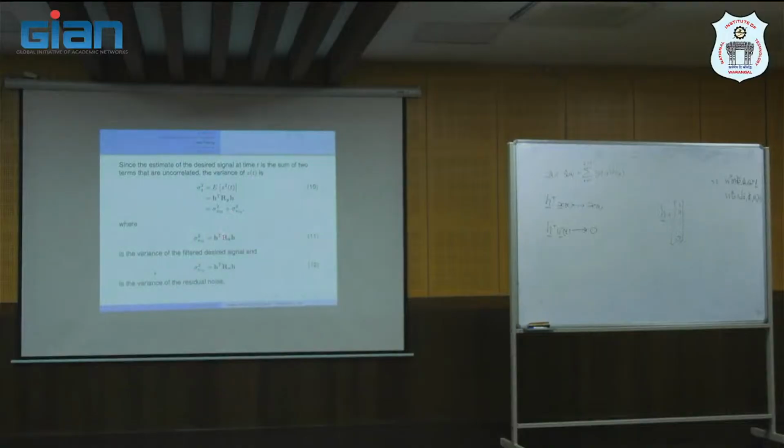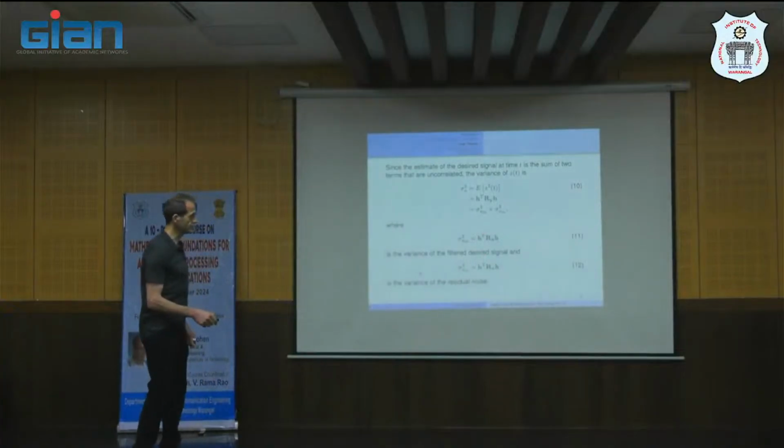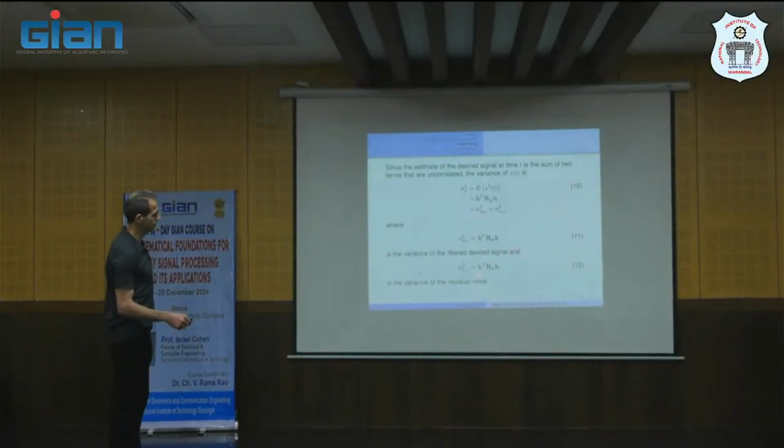From this, we can compute also the signal to noise ratio. The variance of the filter desired is H transpose R_X H, and the variance of the residual noise is H transpose R_V H. R_X and R_V are the correlation matrices of the desired signal and the noise. How do we get it?